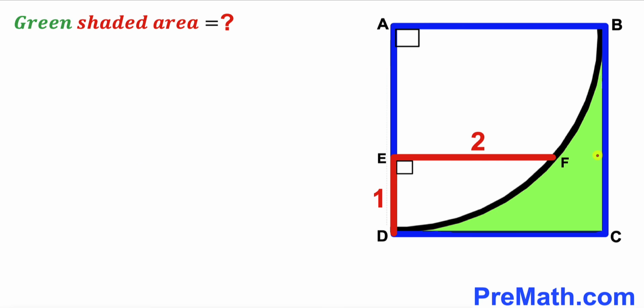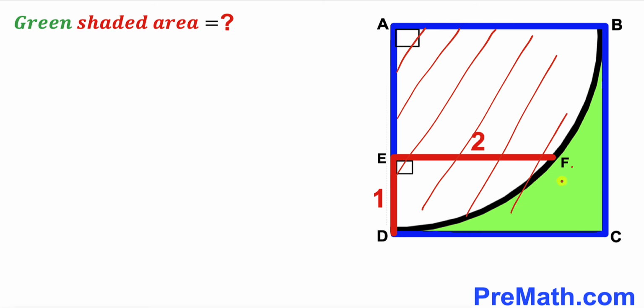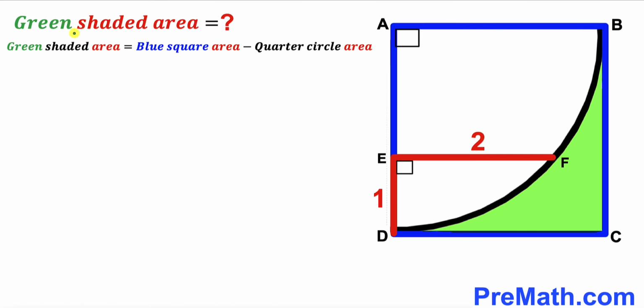Since we are interested in calculating the area of this green shaded region, and since we are dealing with this quarter circle and the blue square ABCD, let's make an observation.